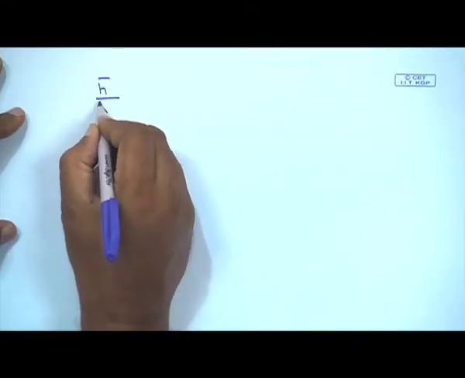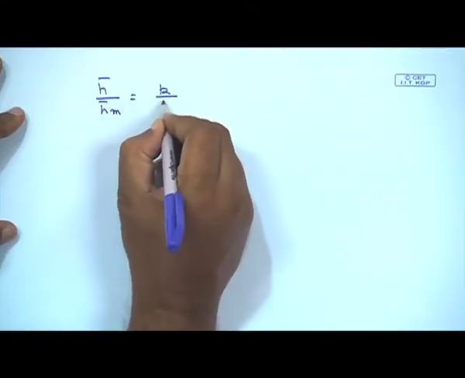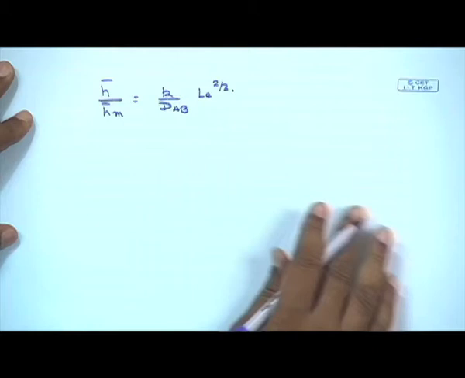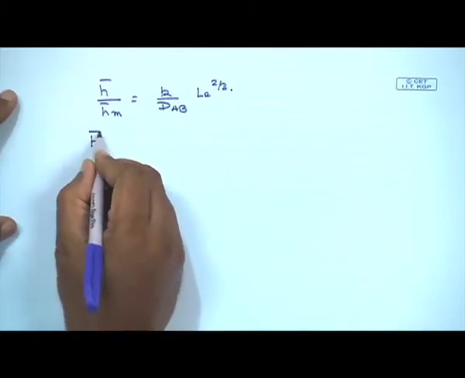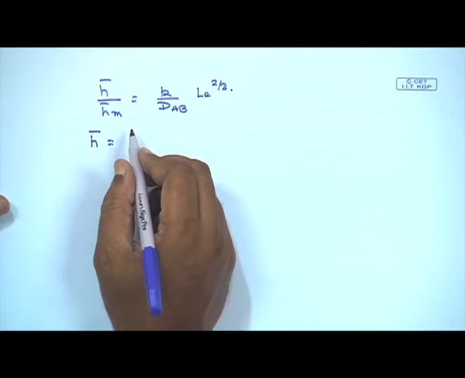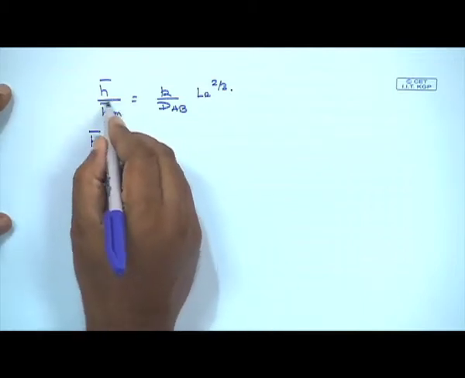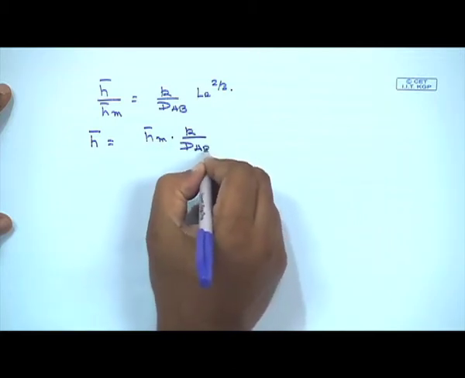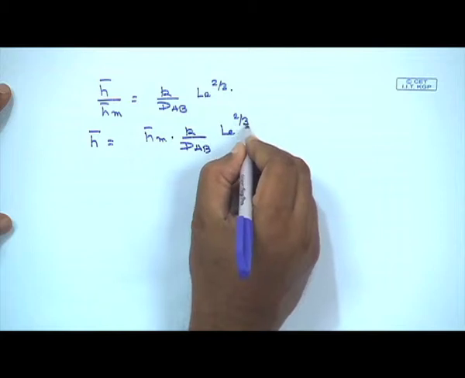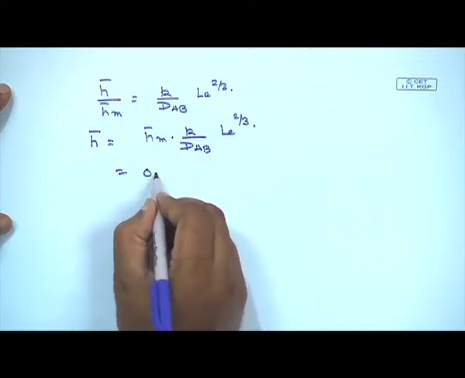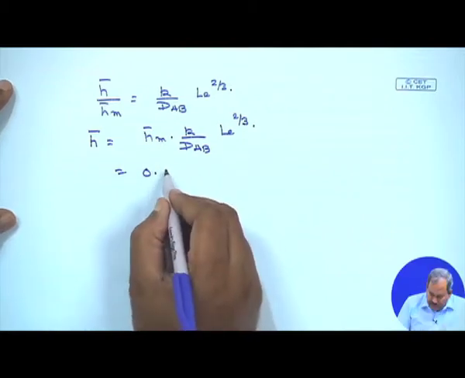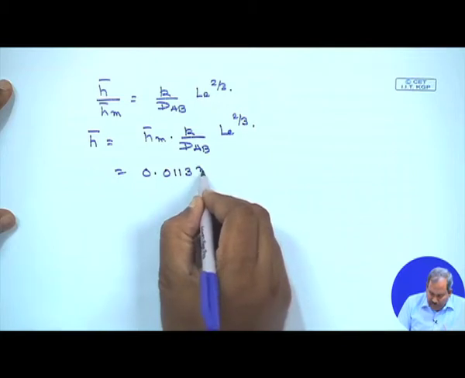Next, H bar by H bar m is K by DAB, Lewis number to the power 2 by 3, and therefore the convective heat transfer coefficient is going to be equal to convective mass transfer coefficient times K by DAB, Lewis number to the power 2 by 3, and this value is already obtained from our previous calculation, 0.0113 meter per second.